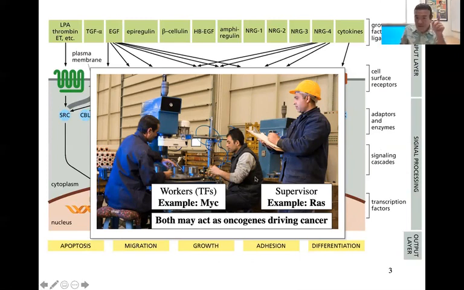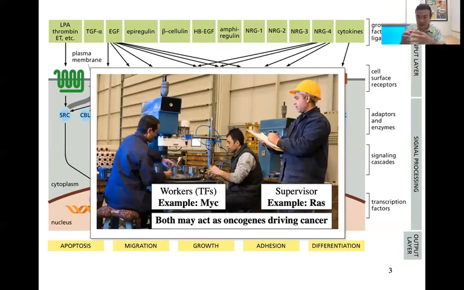That would be if this particular factory worker isn't just in charge of working at this one station here, but maybe his skill or his influence is felt on numerous different little assembly line stations throughout the factory. Therefore, if he's a transcription factor that's only used at, let's say, this particular assembly station, then only the product of this station would get messed up.